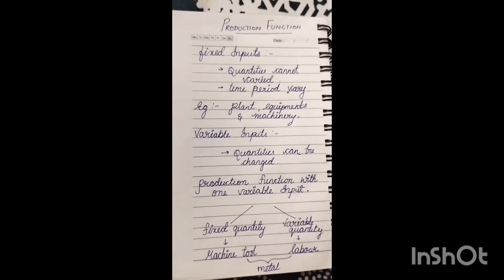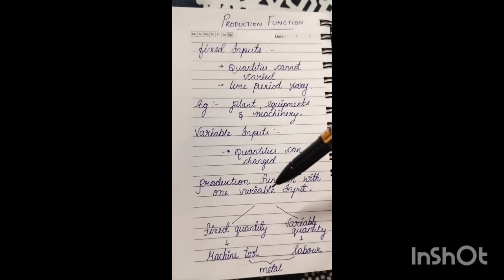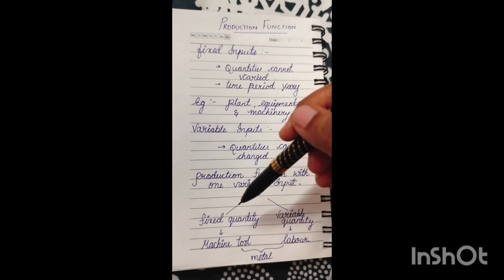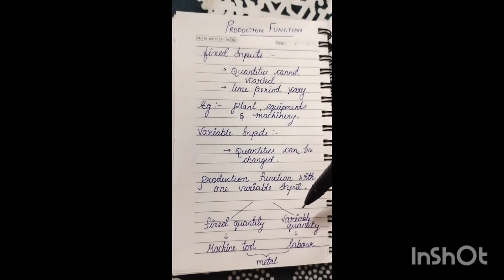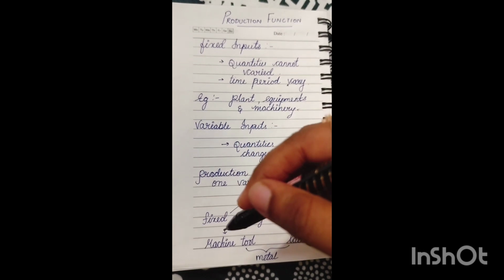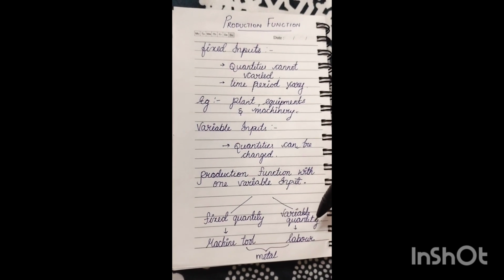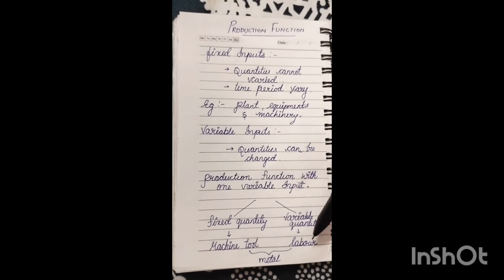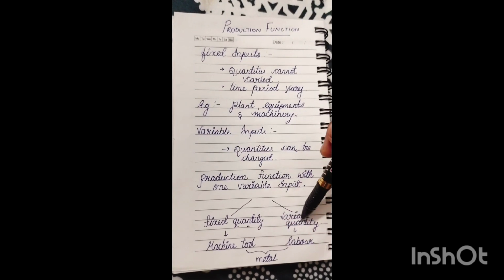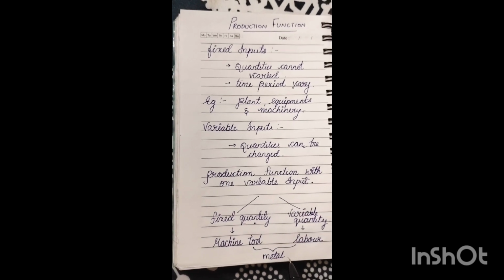Next we have production function with one variable input. So again here it is split into fixed quantity and variable quantity. So let us take an example of fixed quantity here. It is machine tool, and for variable quantity we take example of labor. So with help of this fixed quantity and this variable quantity, we produce an output called metal.